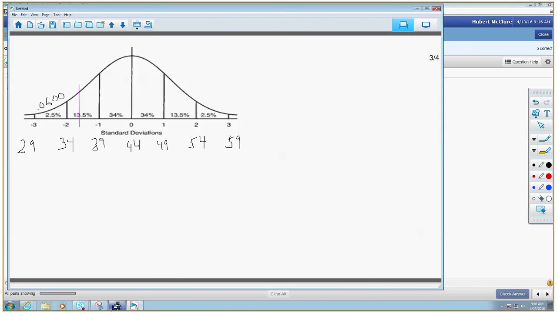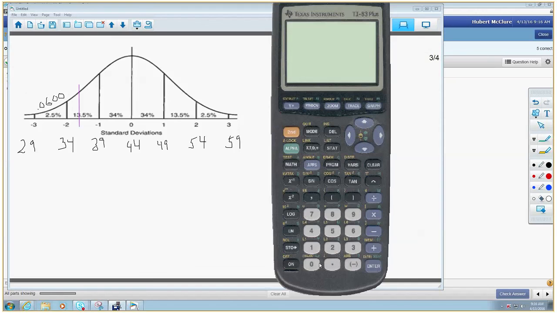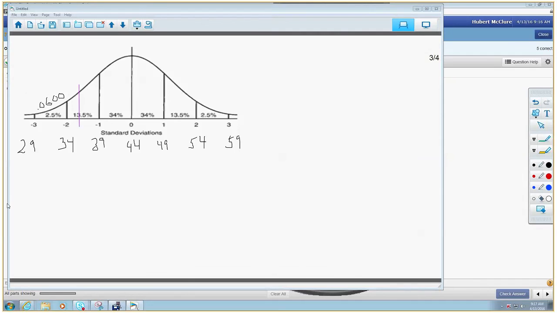So you pull up your handy dandy virtual calculator. Second, bars, inverse norm, 0.0600. It's a miracle. Negative 1.55. So you're done, right? Nope.